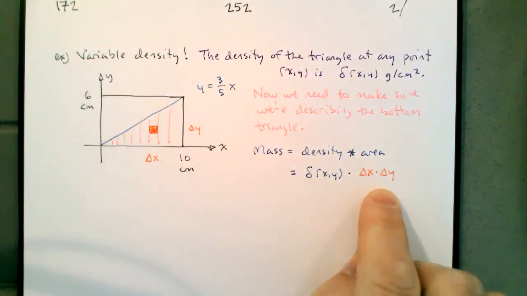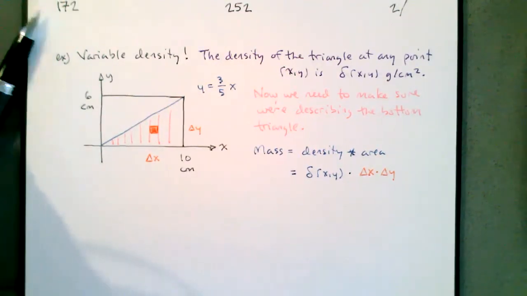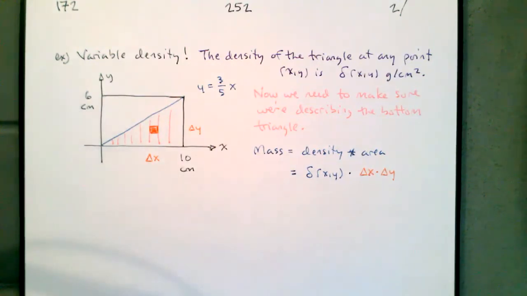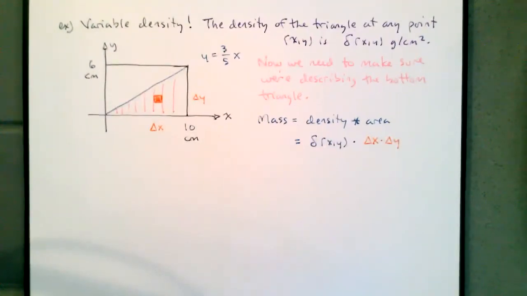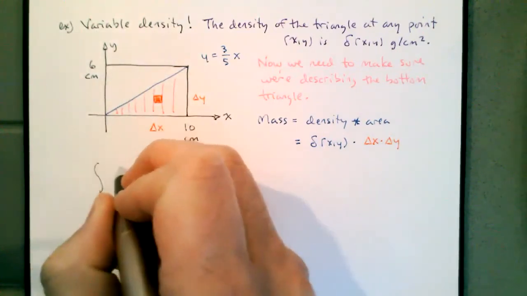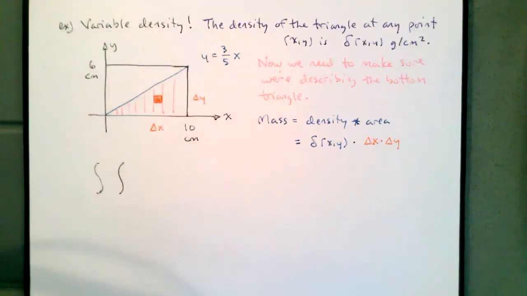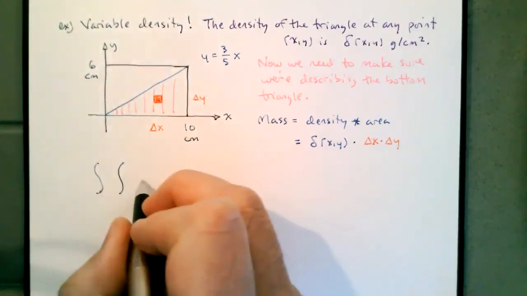But now I just have to set up an integral that integrates dx and then dy. So what we're going to do is we're going to set up a double integral. So I'm going to integrate the density.